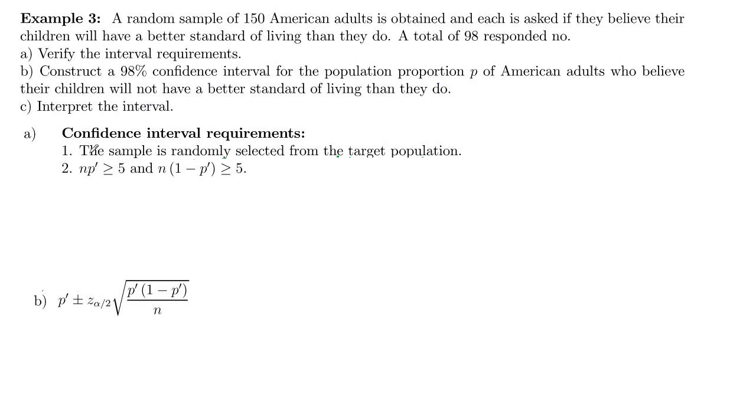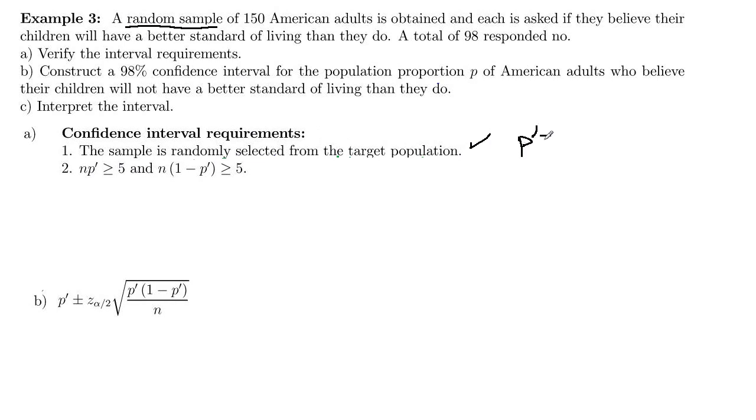So first of all, the confidence interval requirements, I brought those down from up above. The sample has to be randomly selected, and np prime and n times 1 minus p prime both have to be greater than or equal to 5. Well, it is a random sample here, so that requirement is satisfied. And p prime, let's compute that.